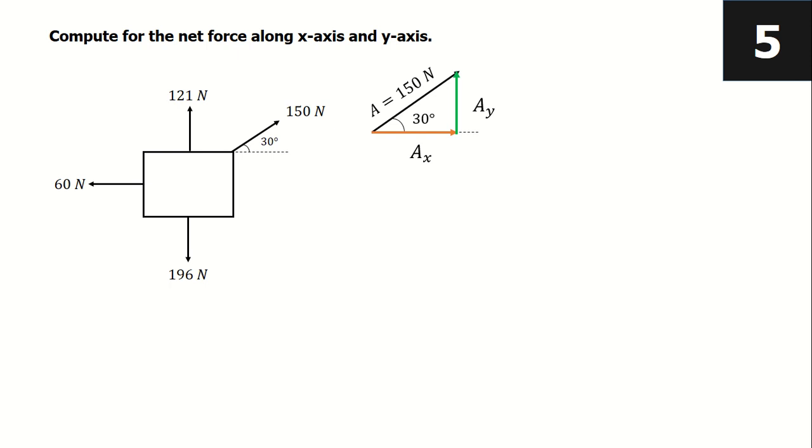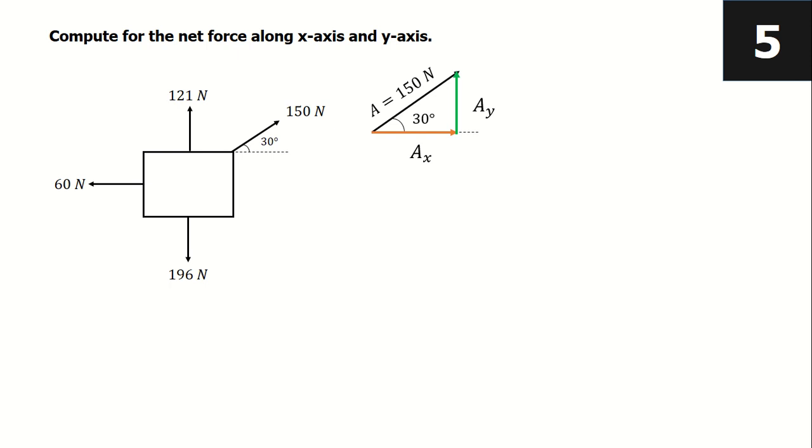Looking at the diagram, the right triangle that you were able to form, if you superimpose the vector along the x and the y, this is the triangle that you formed. The orange one is the x component and the green one is the y component.